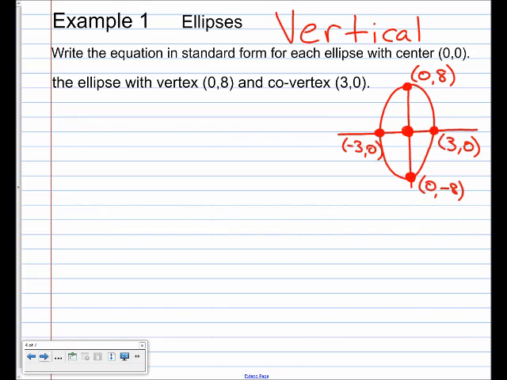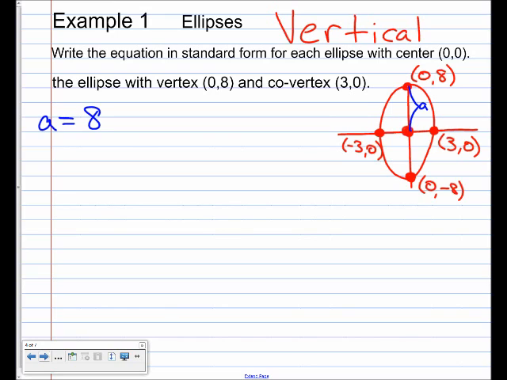Now, we're not going to need it right now, but I'm going to show you how to find all of these letters, A and B. And then when we get to the packet, you're going to see how you're going to need to use C as well. The distance from the center to either vertex is A. So what is A?